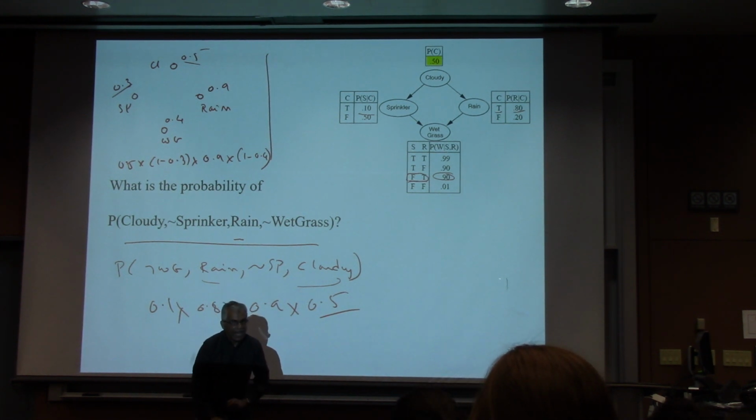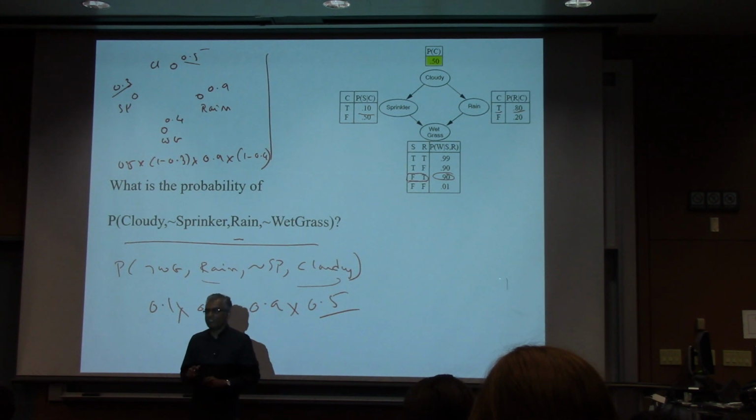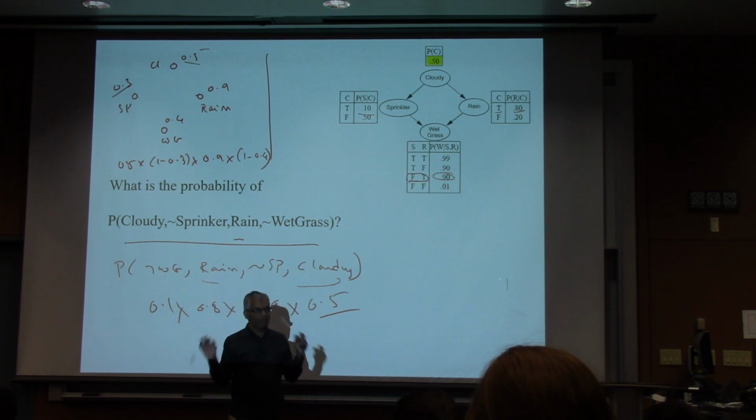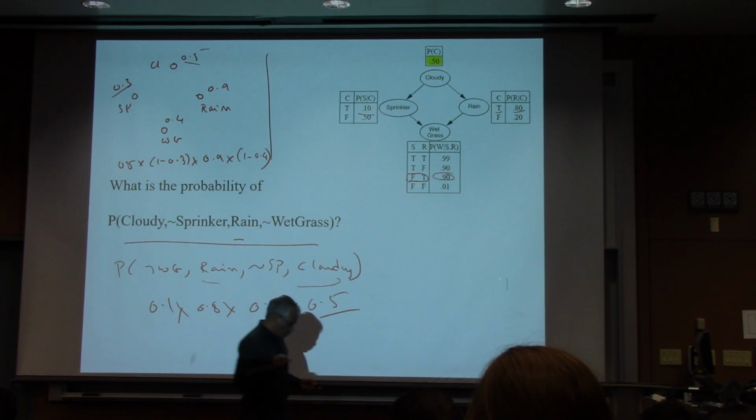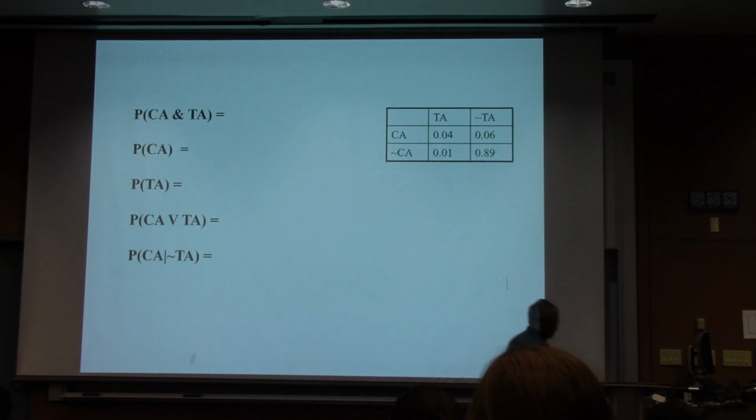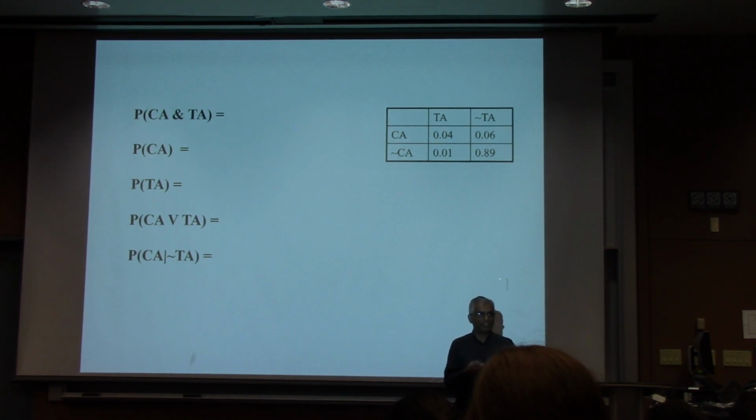Now, you all agree, at least you agreed last time around, that if I give you the joint distribution, you can answer any probabilistic query. You did, right? So I'm going to check whether you mean it. I'll give you a very small joint distribution. This is elementary probability theory, just to make you remember.